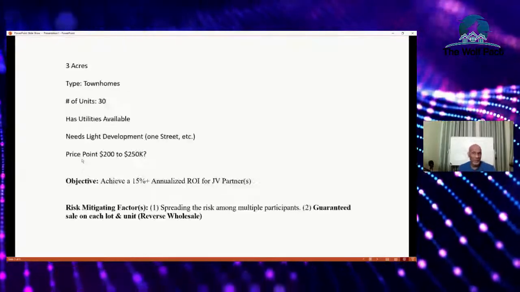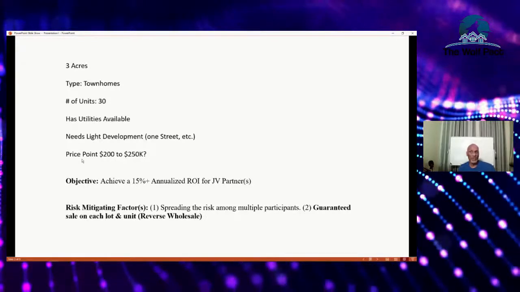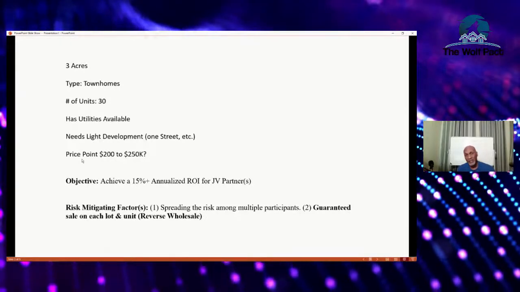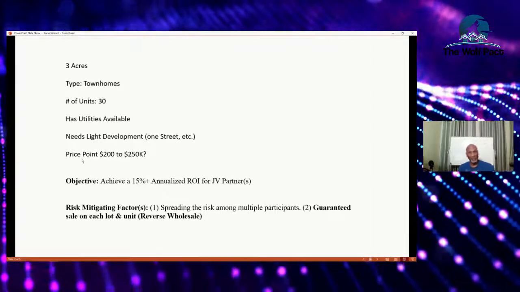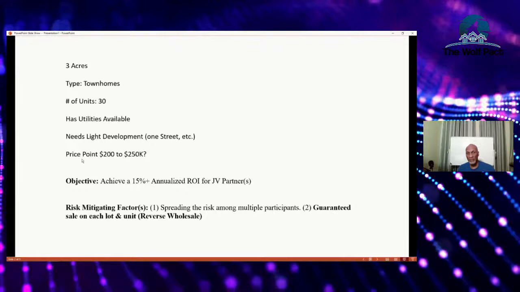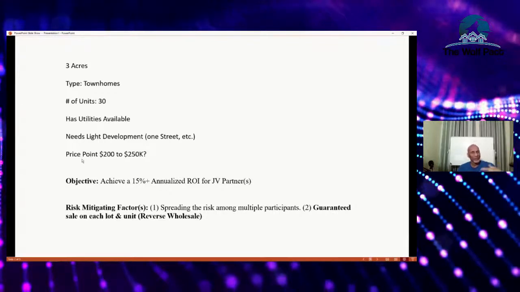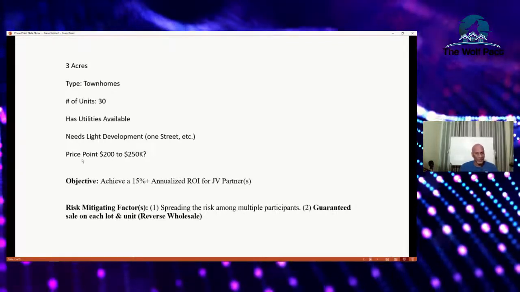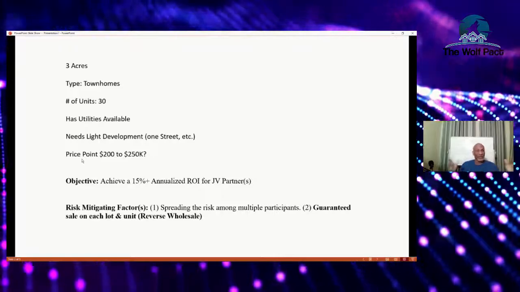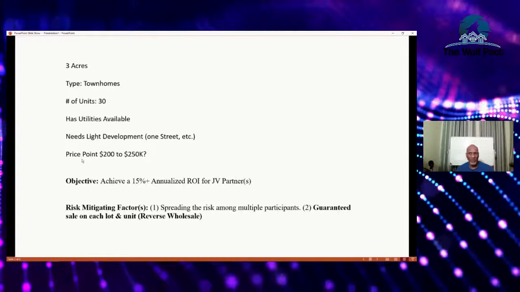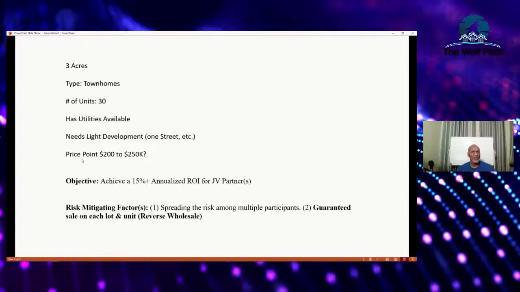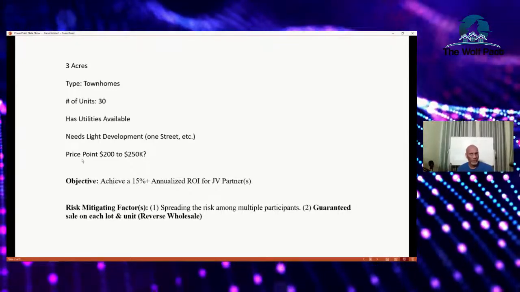So let's go back just a minute and look at our objective. So my objective as a deal architect here, and your objective as a deal architect, would be to structure this in a similar fashion, utilizing the strategies in our playbook or some variation thereof. So our objective is I want to get at least a 15% return on investment for my JV partners.